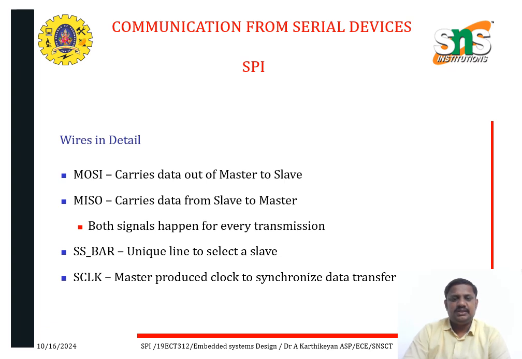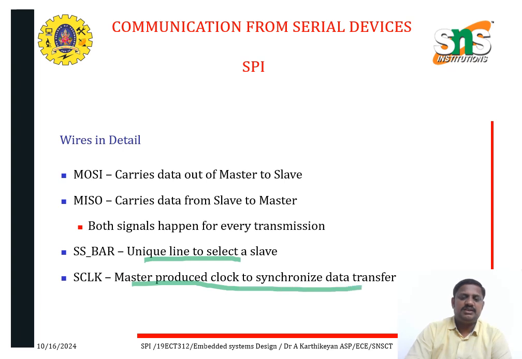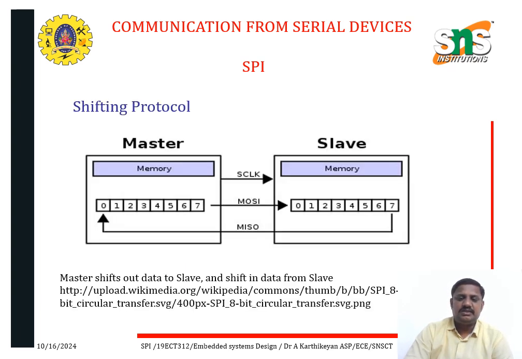Mainly, on the wires MOSI and MISO we can choose master or slaves. The SS bar is a unique line to select a slave, and the SCLK is the clock the master produces for synchronization of the data transfer. So the master sets the data transfer rate at which we send the information. Next is the master and the slave. We can shift the information bit by bit, from 0 to 7, and likewise transfer information from one bit to another.